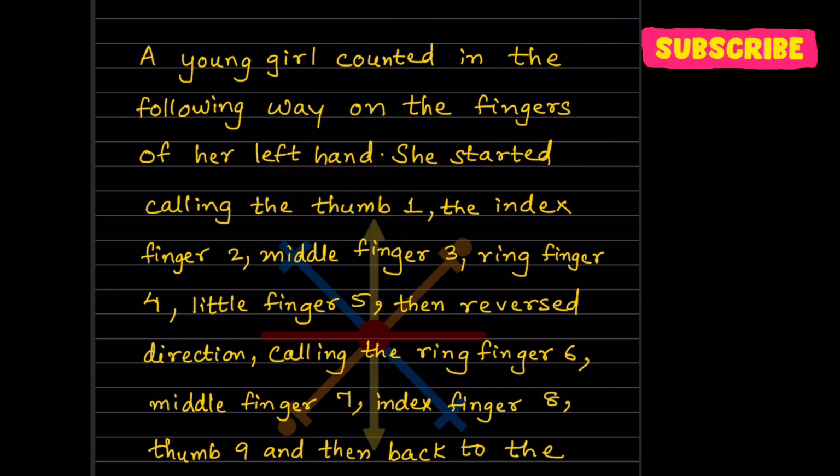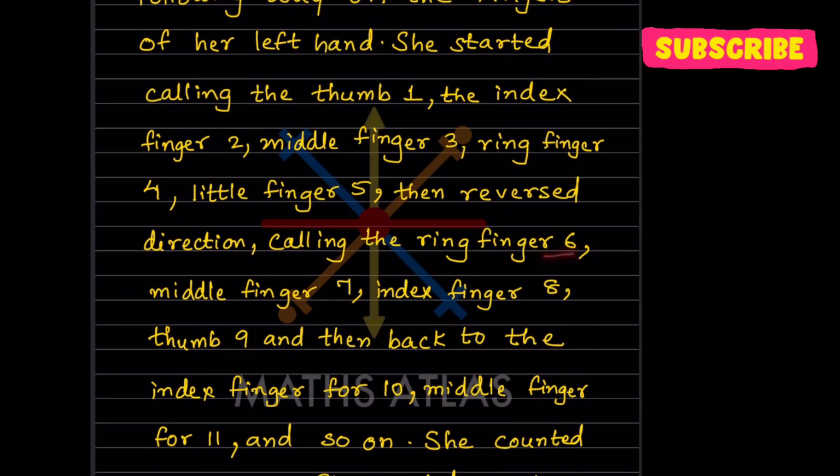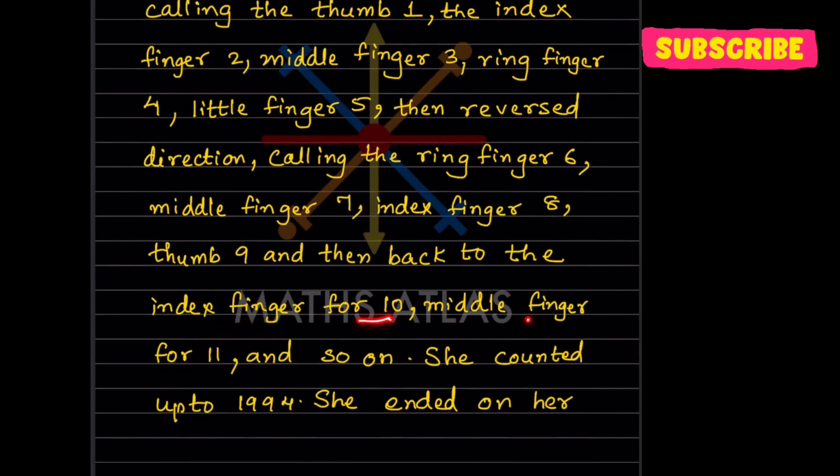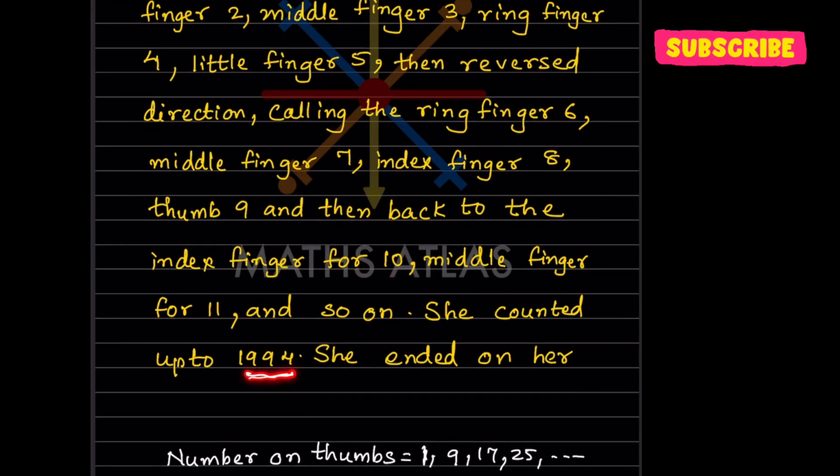She started calling the thumb as 1, the index finger as 2, middle finger as 3, ring finger as 4, little finger as 5, and then reversed direction, calling the ring finger 6, middle finger 7, index finger 8, thumb 9, and back to the index finger for 10, middle finger 11, and so on. So she counted up to 1994.